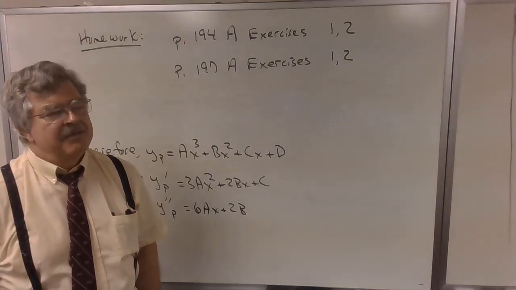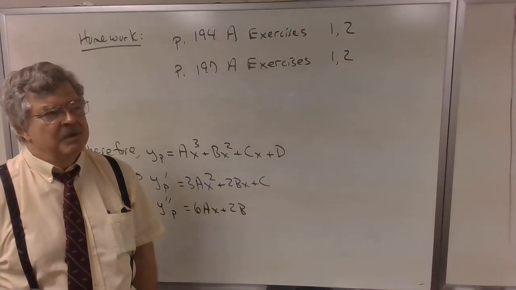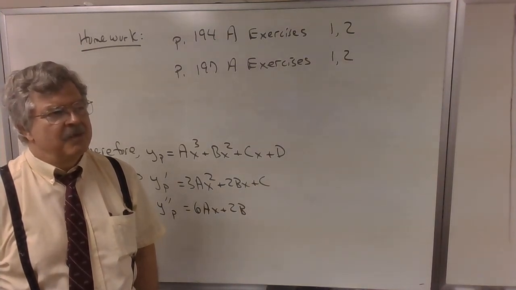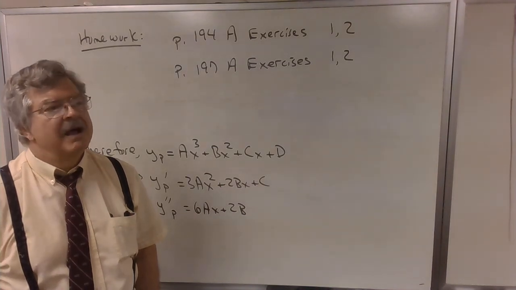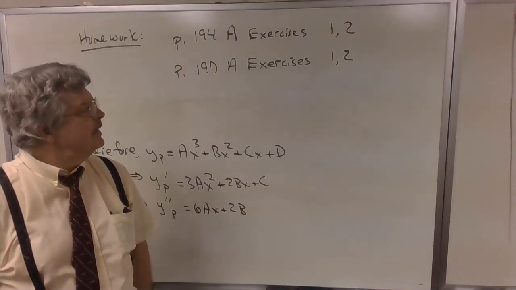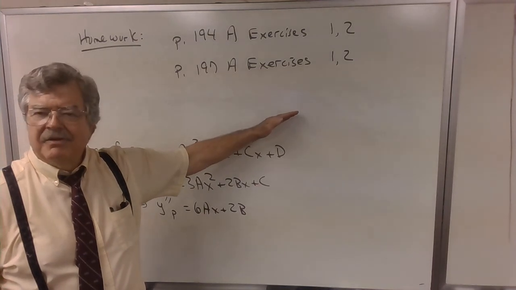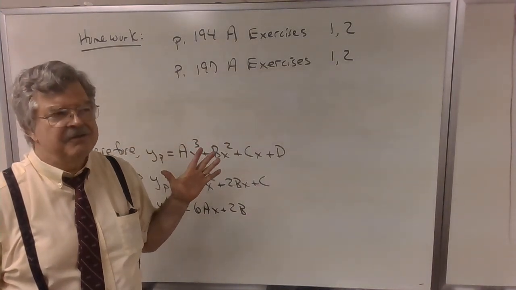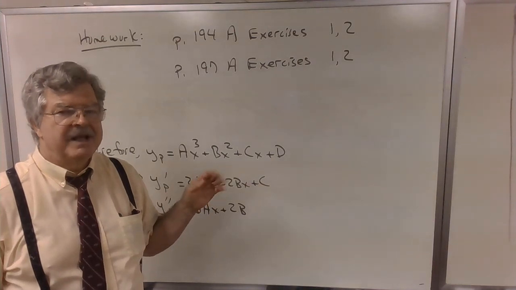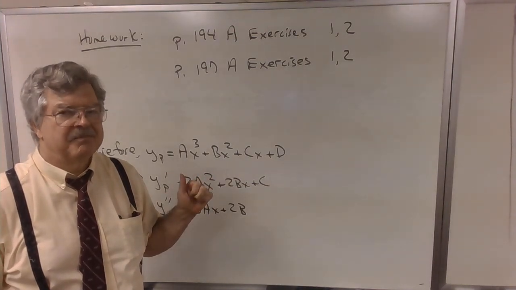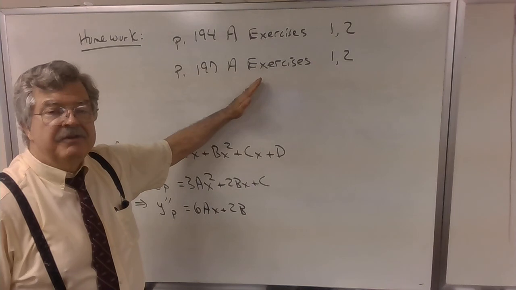And after we get these down, we'll look at another method for getting particular solutions. And it's the method we use when the right-hand side of the equation doesn't consist solely of sines, cosines, exponentials, and polynomials. But work on these for now.